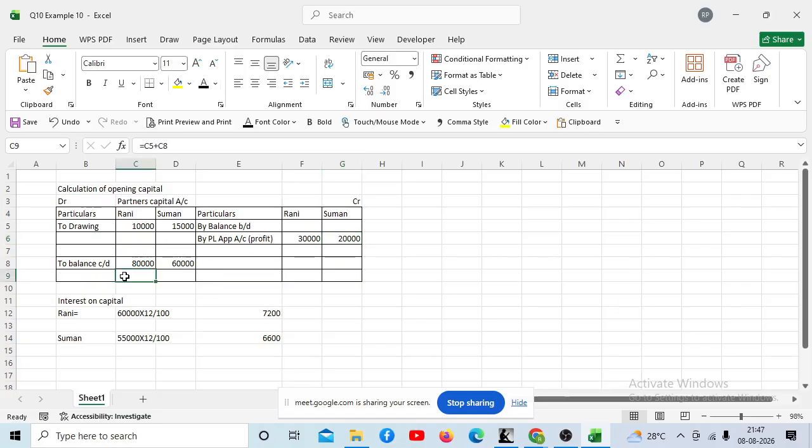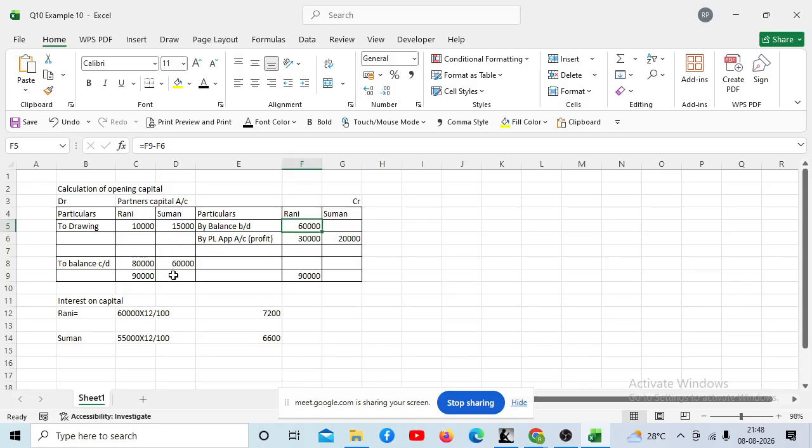Now we will close this. We will write the total on both sides: 90,000 and 90,000. So 90 minus 30, what will be the opening capital? This 30 is there, so the opening capital of Rani will be 60,000.